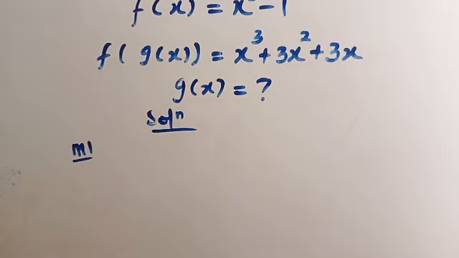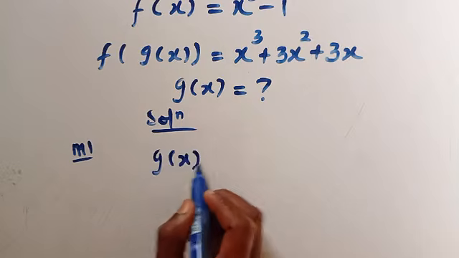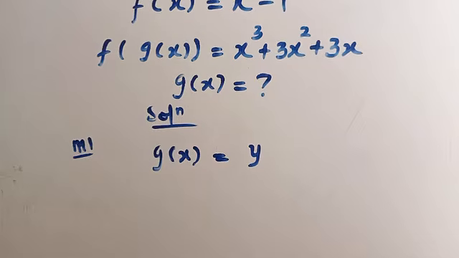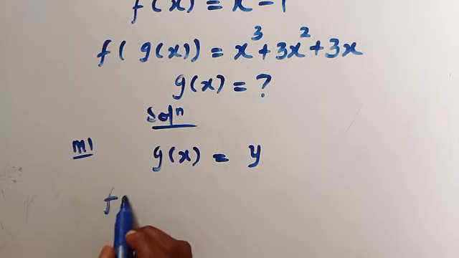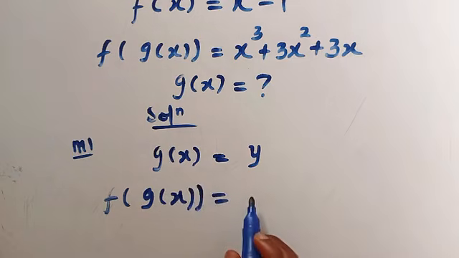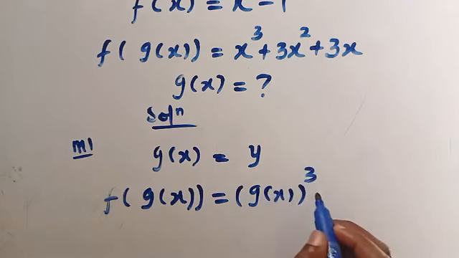So for the first method, suppose I let the g of x that we need equal y. So therefore, for f of x equals x cubed minus 1, changing this x to g of x, we are going to have f of g of x equals, instead of x, we replace it with g of x, all raised to power 3 minus 1.